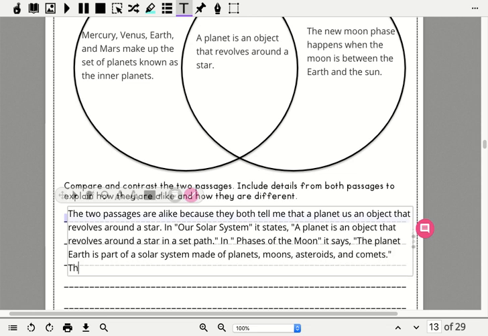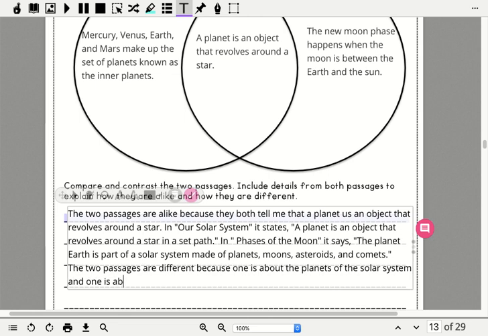Okay, so the two passages are different because one is about the planets of the solar system, and one is about the phases of the moon.